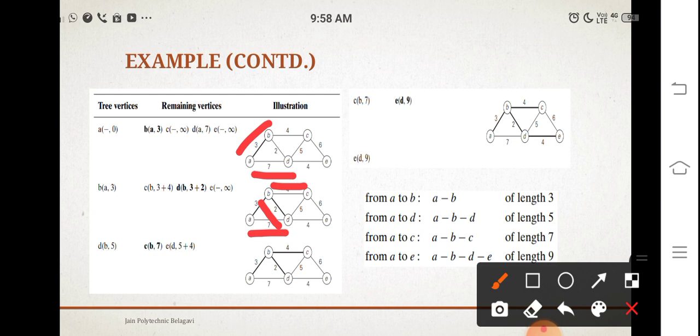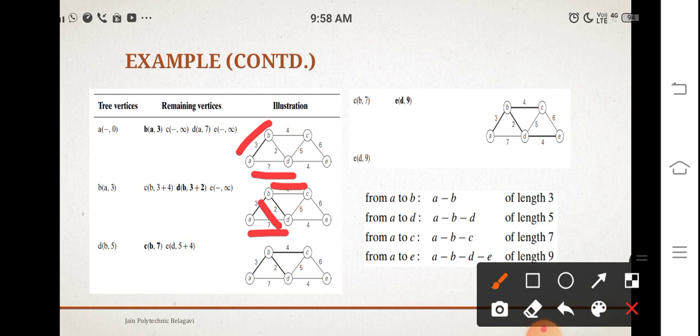Then from B to C is there to travel to vertex C, and already we visited this D vertex, so B to C is remaining and E is remaining. So from D to C is 5, B to C is 4, then D to E is 4.